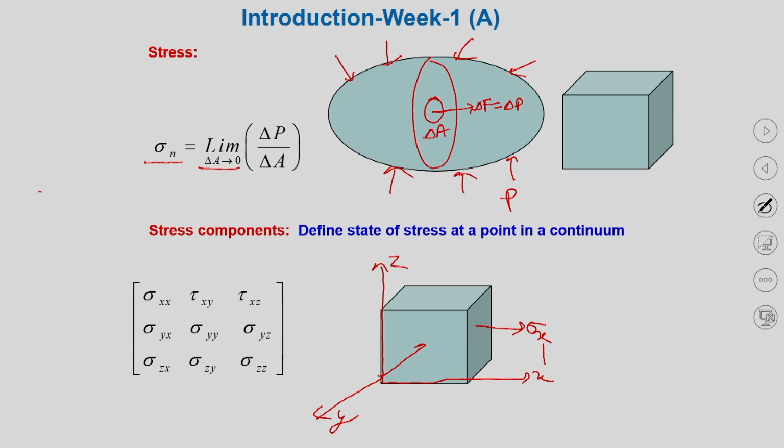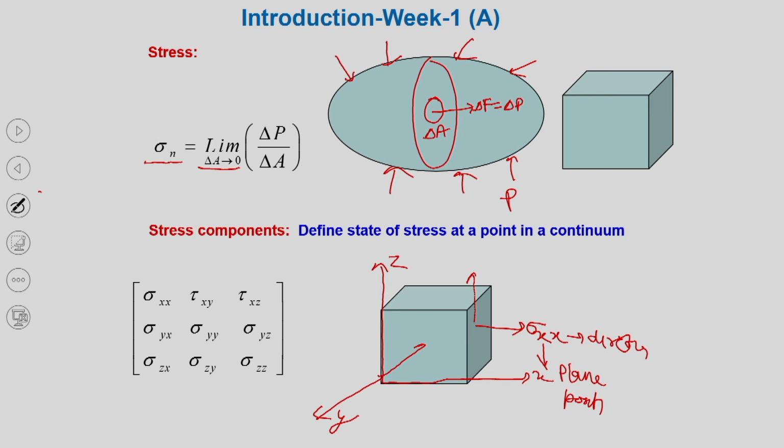First index tells you the plane position and second index tells you the direction over that plane. If my component is like this, then it will be tau xz along z direction, and the component along this direction will be tau xy. So, here we defined the traction vector, or on a plane 3 components of stresses.